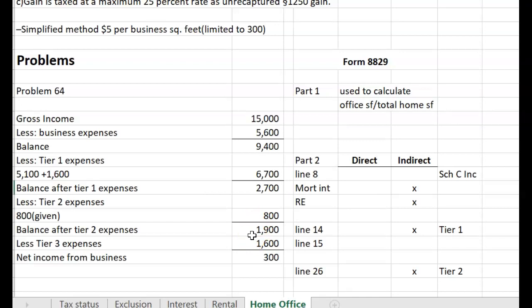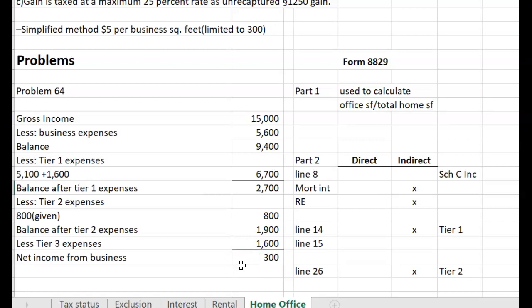And remember, depreciation is limited for the rental property up until the balance after tier 2 expenses. So in this case, the actual depreciation is $1,600. So there is no limitation, because after the tier 2 expenses, you have $1,900 minus $1,600. That gives you net income from business.